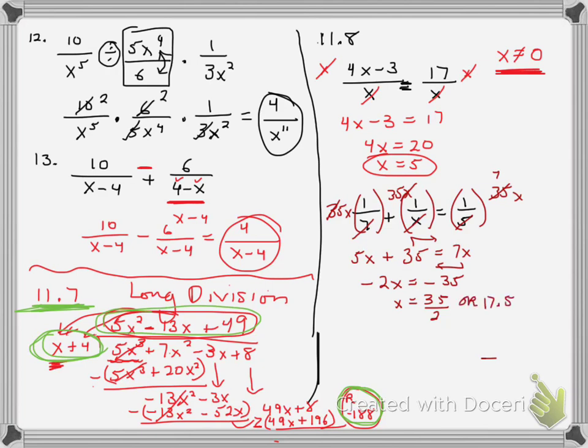Now, I have to decide what x cannot equal. Remember, to figure out what's an extraneous root, that means it makes no sense. The only thing you're looking for is when the variable's in the denominator. This is the only one where the variable's in the denominator, so x cannot equal 0. But it doesn't, so this is a good solution.